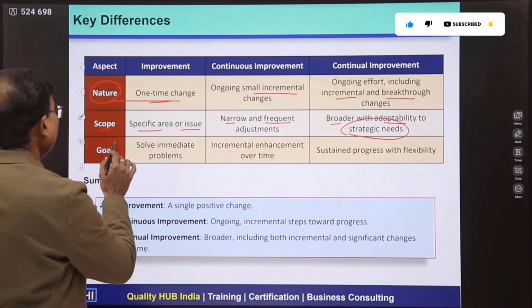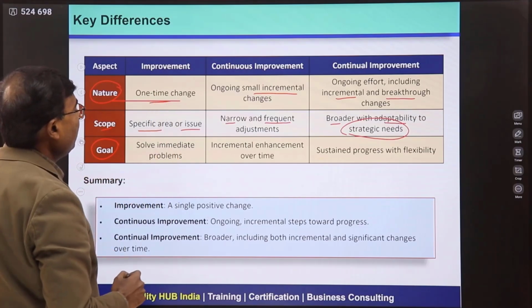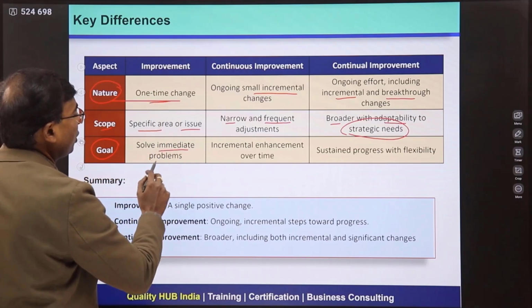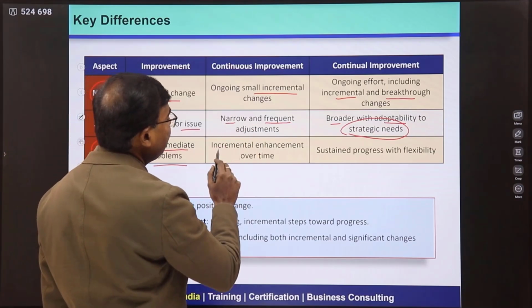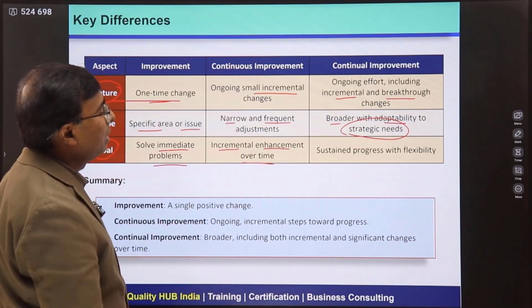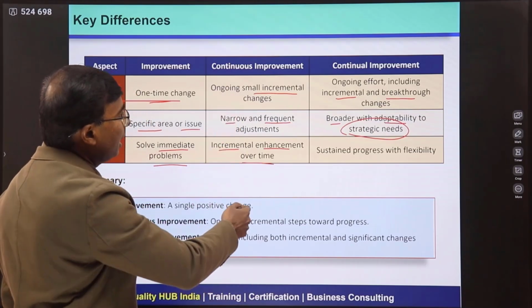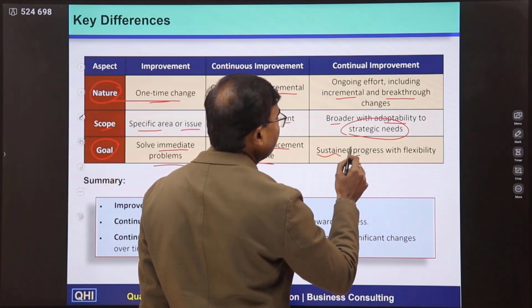When we talk about the goal, improvement is primarily to solve immediate problems. Continuous improvement is incremental enhancement over time. Continual improvement is sustained progress with flexibility.